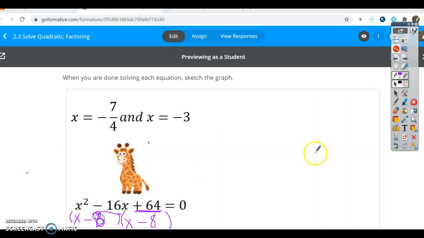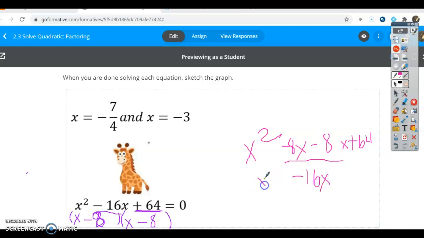Those are my two guesses, and now I'm going to check to make sure that my two guesses are correct. So I have x times x, which is x squared. I have x times negative 8, negative 8x, negative 8 times x, negative 8x, and then negative 8 times negative 8 is a positive 64. And I know this is correct because when I add these two x terms in the middle, that gives me minus 16x, and then I have x squared, and then I have plus 64.